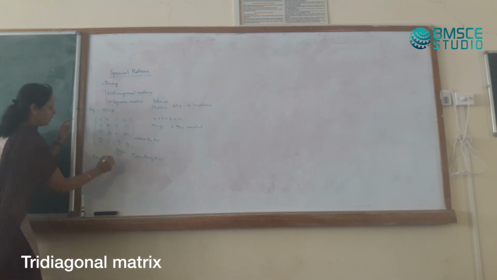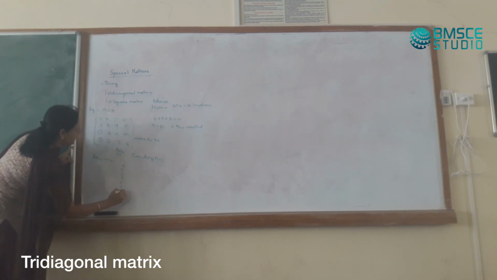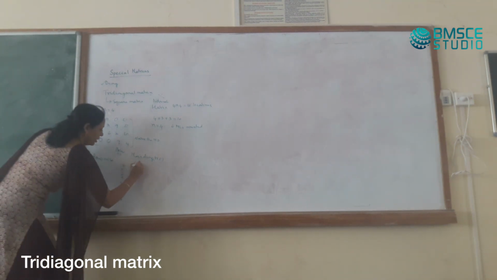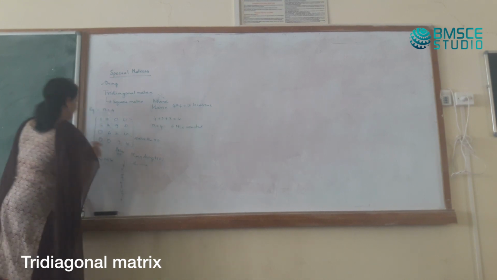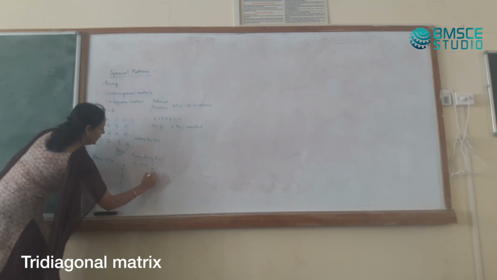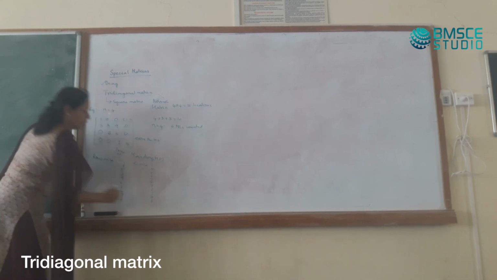If you store it row wise, then 1, 8, 5, 2, 9, 6, 3, 10, 7, 4. This is how you would store the data if you use row wise mapping or row major order. If you use column major order, then you would save it as 1, 5, 8, 2, 6, 9, 3, 7, 10, 4.